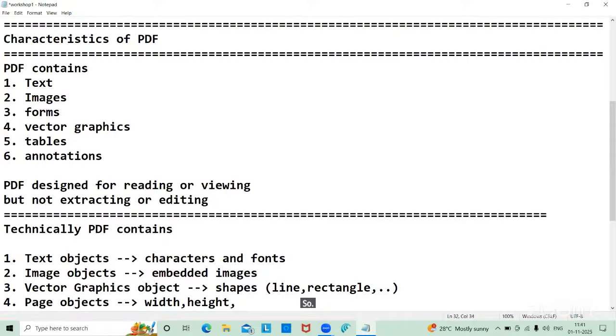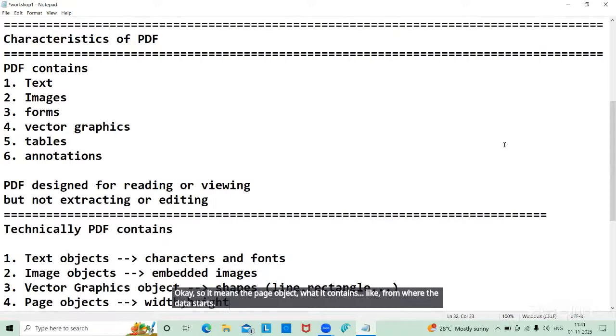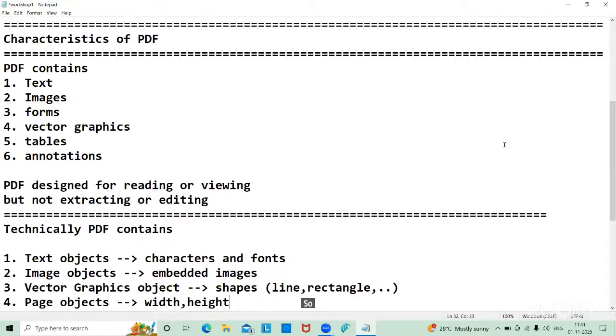This is called a page object. The page object also contains, for example, where the data starts and where the data ends.